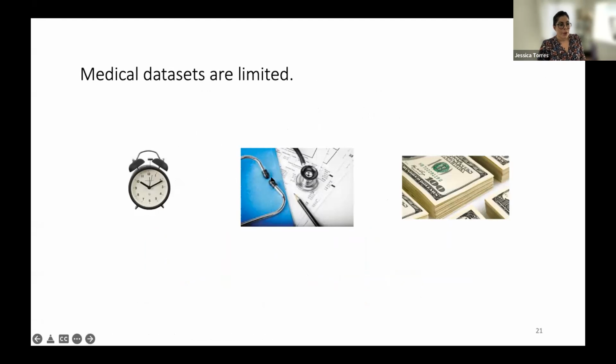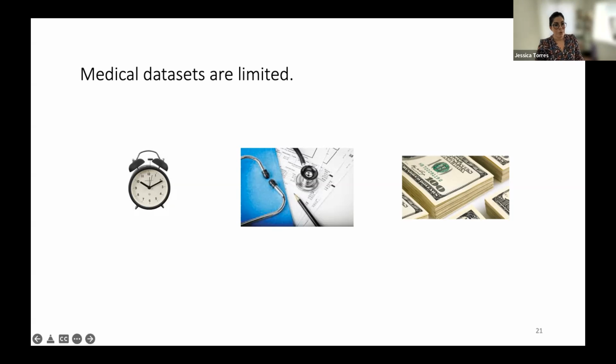Okay, so when we had this idea of, okay, we want to use wearable devices and tackle AF estimation, we knew that noise was going to be a problem. And so we really decided to kind of start this research project from the ground up. It's important to note that medical data sets are quite limited in terms of what's available publicly.